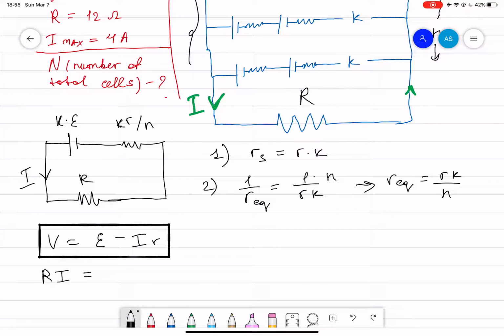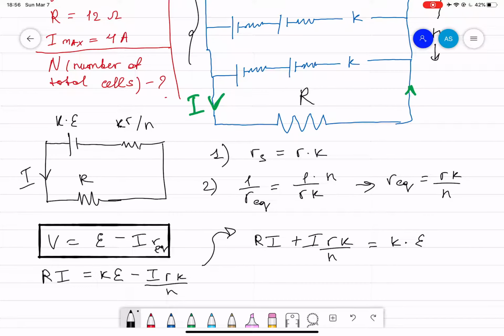We have K cells, so K multiplied by EMF minus I times r, where r is here r equivalent, which we got as rK divided by N. Then if you bring the right side to the left side, IrK over N, you will get plus IrK divided by N, which is equal to K times EMF.